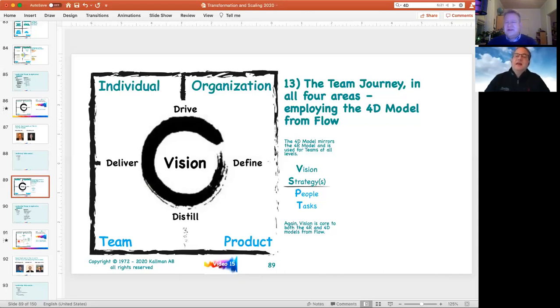Yeah, and the key is people need to understand, in order for us to really hone the project, we had to define our terms better. We had to distill agreement on what that meant, and then that allowed us to be able to deliver and drive as we went through.